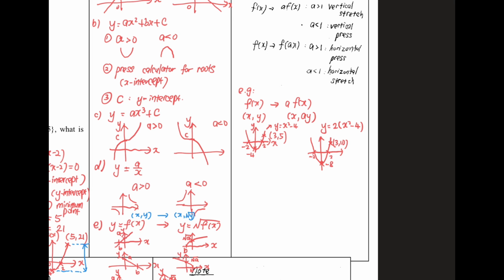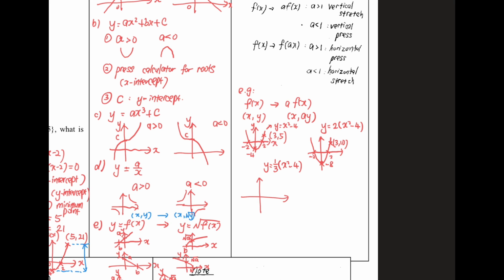So this is vertical stretch. And the next one that I have here is vertical press. So vertical press is when a is less than 1. Of course, a is a positive value, so it's greater than 0. Let's say for example, I put the example down here. If I have y equal to 1 over 3 times (x squared minus 4), you see I multiply 1 over 3 to the whole function, so it will affect the y coordinate.